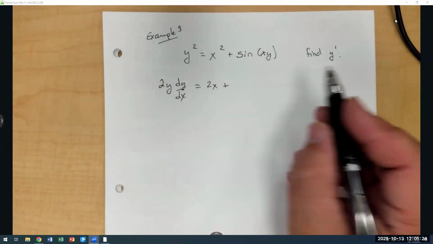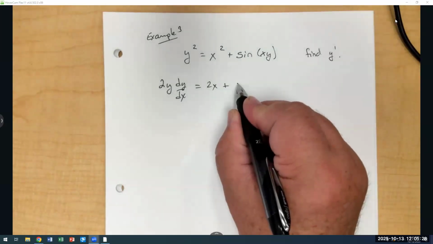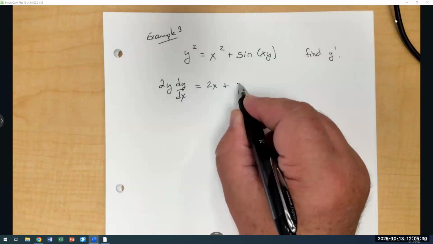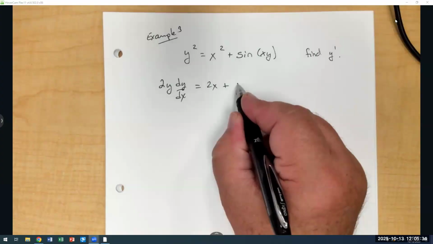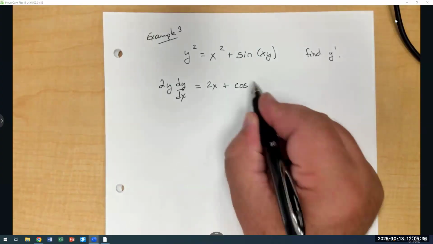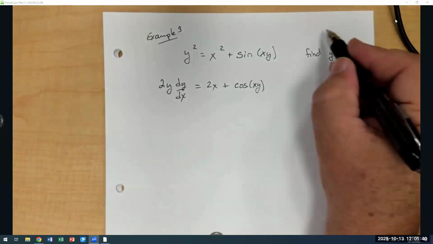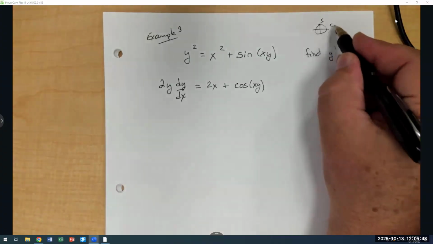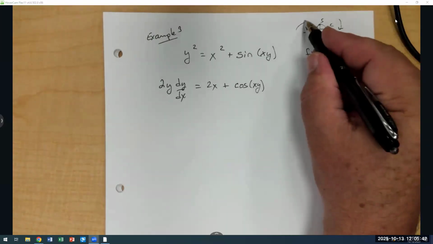Derivative of sine is cosine. Remember, think of the unit circle. Sine, cosine, negative sine, negative. We're going this way for derivatives.